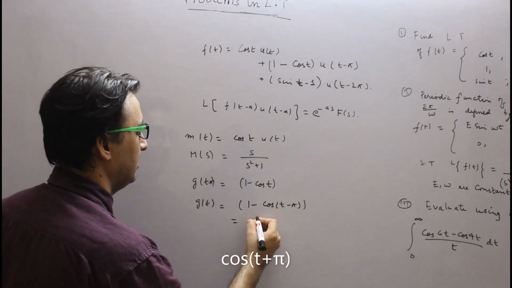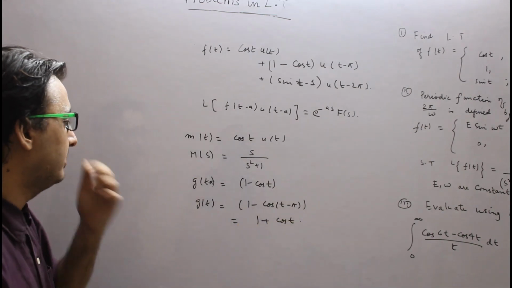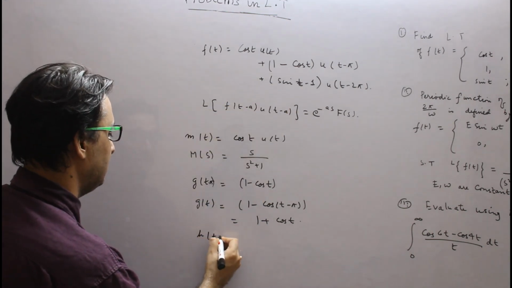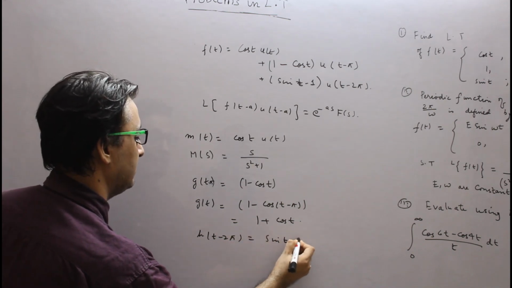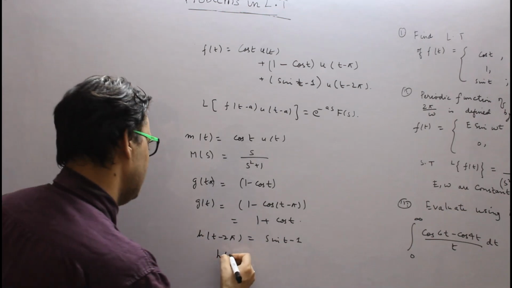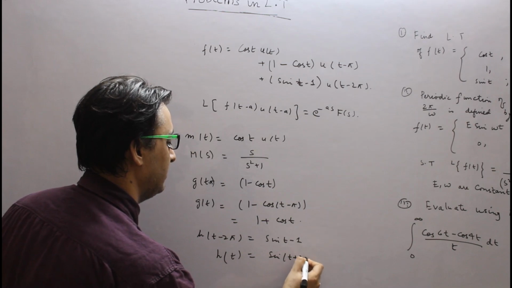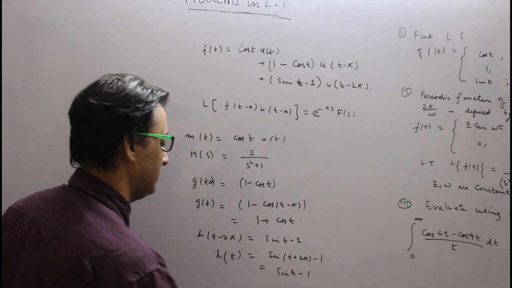So it is 1 plus cos t. For the third function, we take h(t minus 2 pi) is sin t minus 1. If we take the function and shift it, it becomes sin(t plus 2 pi) minus 1. So it becomes sin t minus 1.